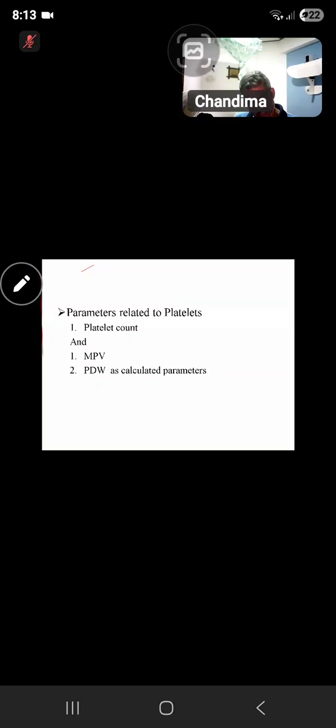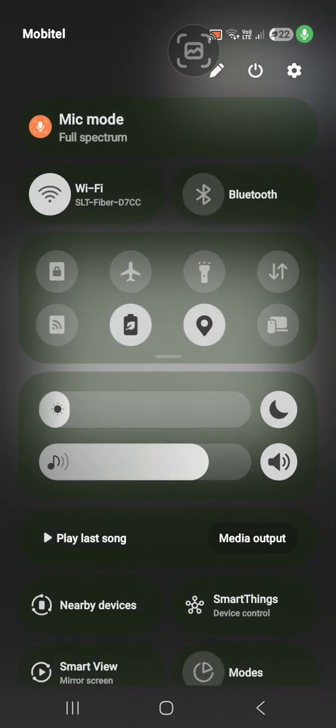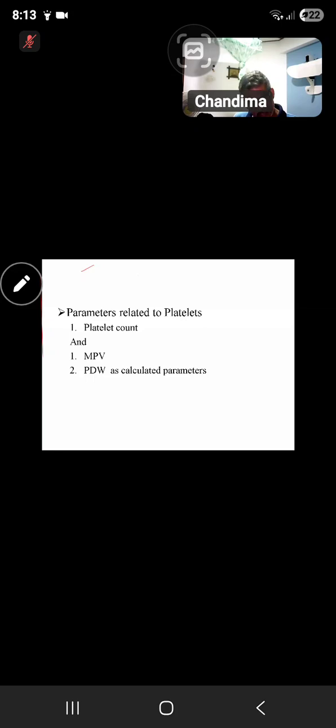At the same time, the mean platelet volume is going to be increased. Why? Instead of platelets, they are counting the microcytes as platelets. It means cells bigger than the platelet are also counted as platelets.